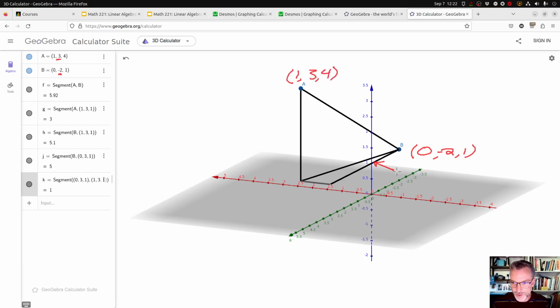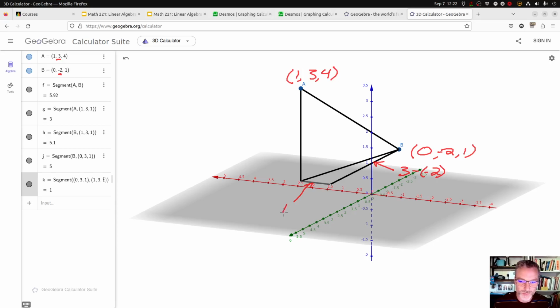So this here is just 3 minus 2. That's the length of this side. The length of this side is just 0.